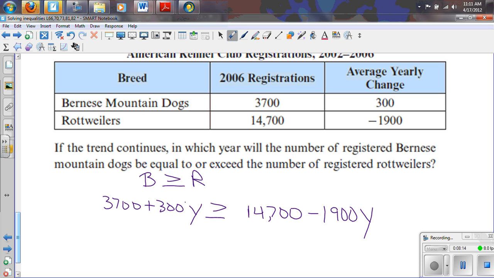Let's solve this equation. So the first thing I need to do is get all the x's on one side. So I'm going to add 1,900 to both sides.